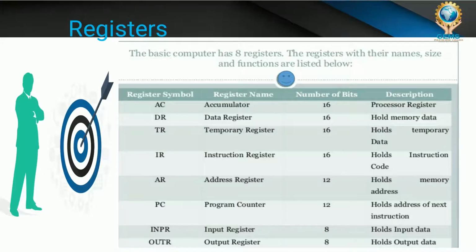The flip-flop capacity is 1 bit. So we can say that a register is a group of flip-flops.